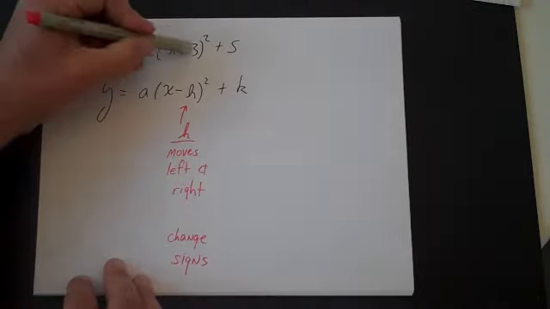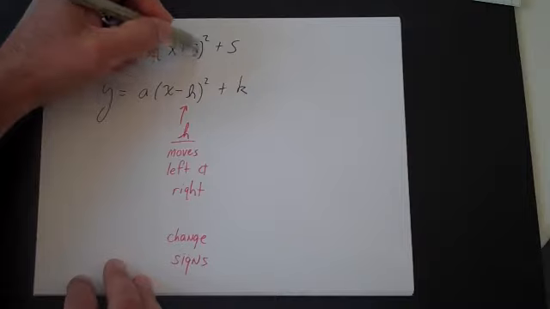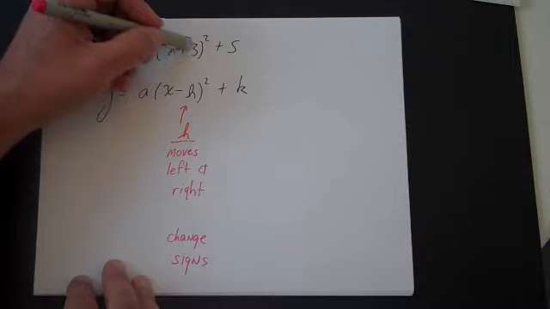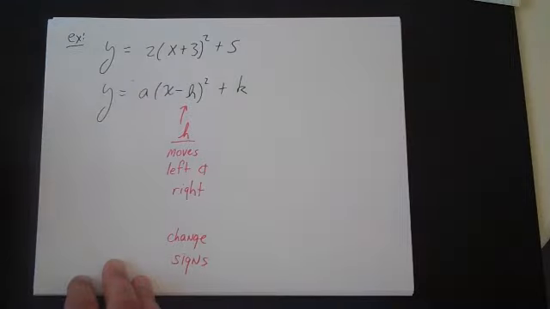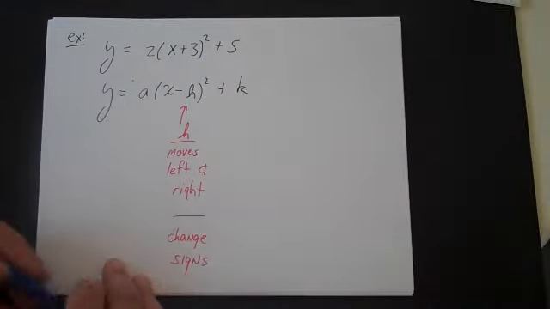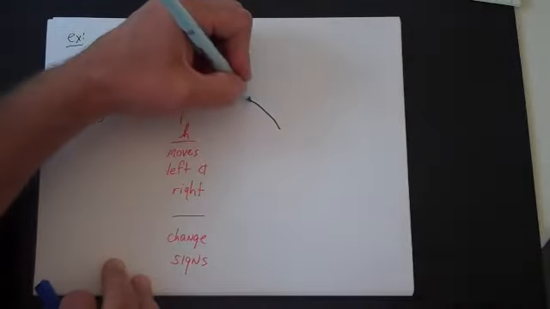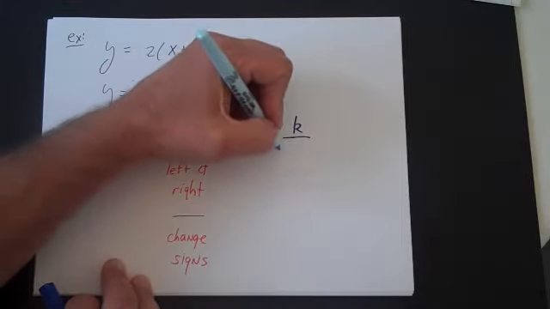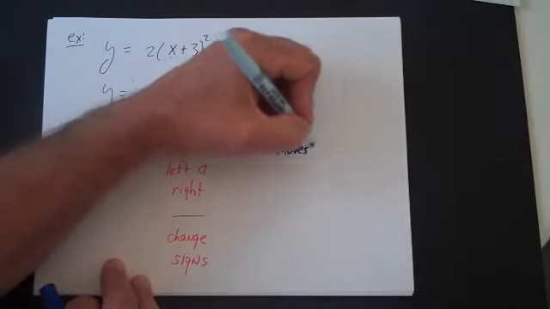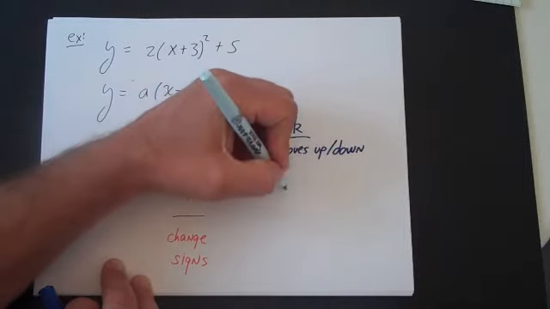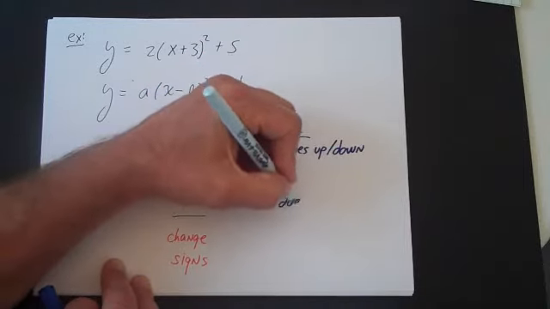This h, if you look at where this number right here is, that's a positive 3, so it's actually going to move it left and right in a negative 3 direction. So in that case, it's going to move it left. Now let's look at the k. K moves it up and down, but it does not change signs.